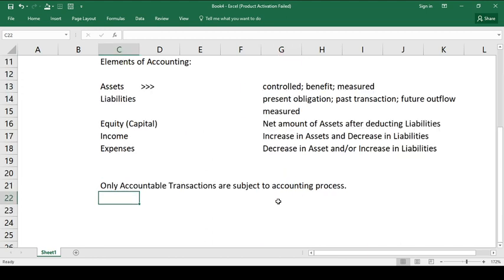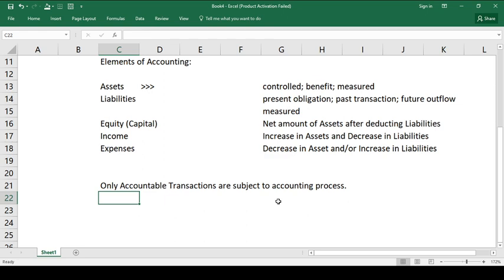Why is it part of the accounting reporting? Some of the non-accountable transactions may be subject to accounting reporting because there are tendencies that those non-accountable transactions may affect the users of this accounting information in making their economic decisions.